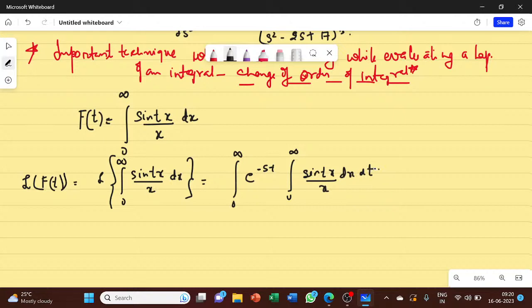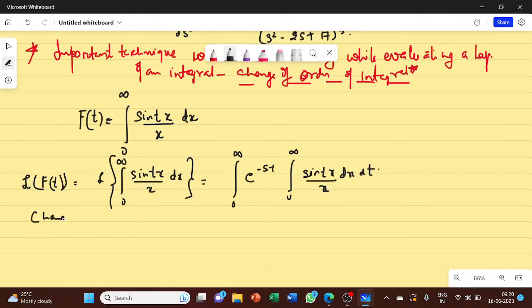Now, for evaluating this particular integration I would have to use complex integrals. If you remember, this is a sort of Dirichlet integral. We've done it already, but I'm not going to do that. I'm going to change the order of integration.